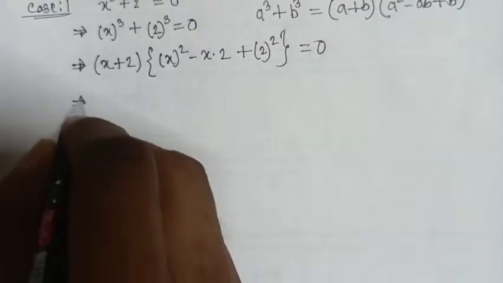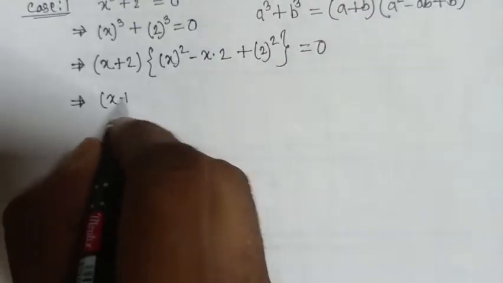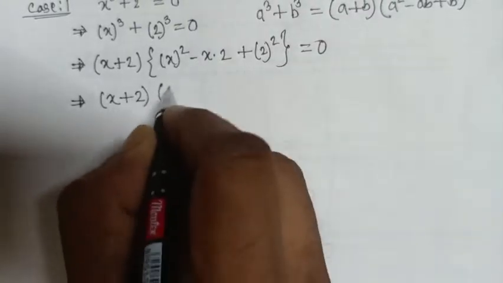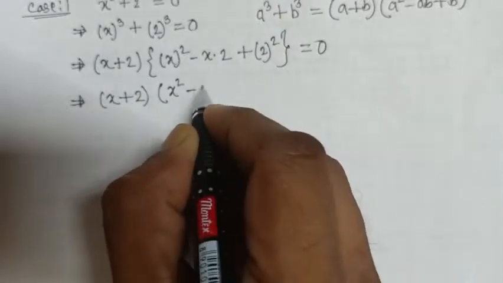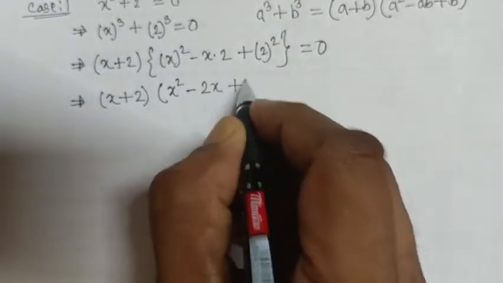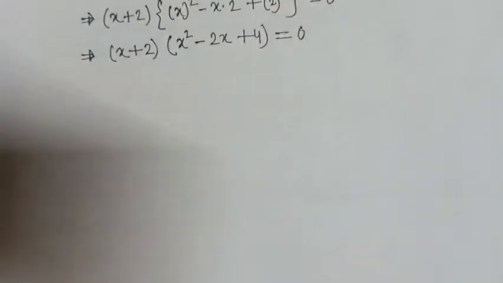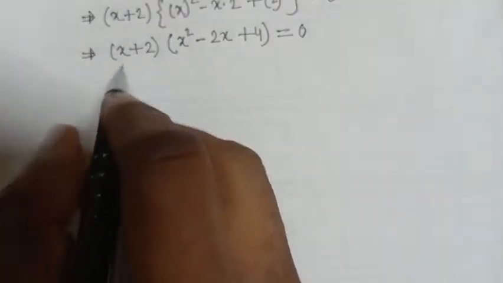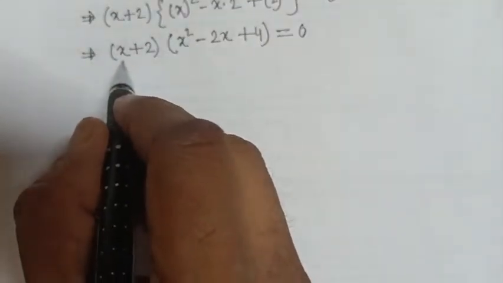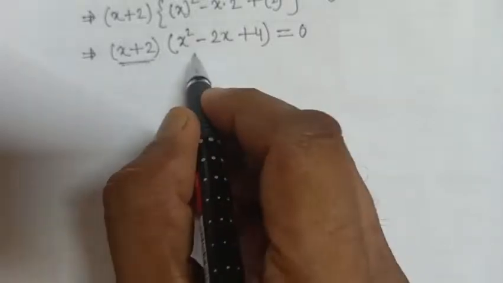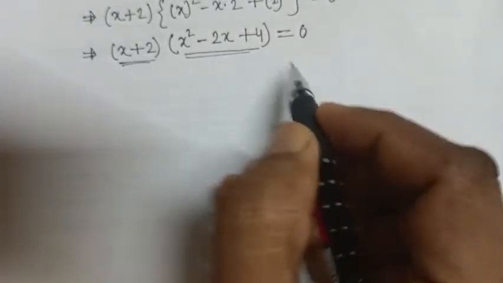So x plus 2 into x square minus 2x plus 4 equals 0. So again we are getting a product of two expressions, x plus 2 and x square minus 2x plus 4, equal to 0.